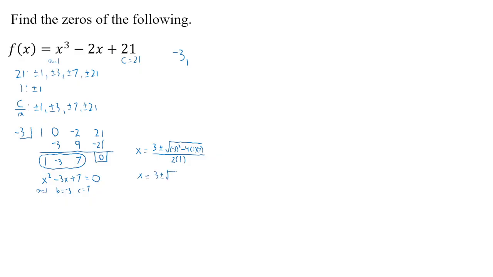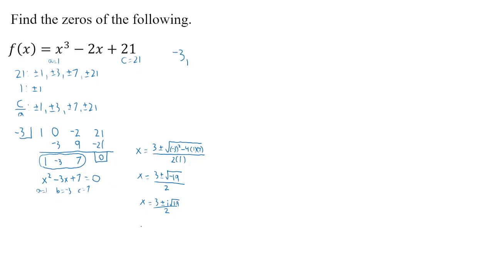We're going to find our discriminant. So we have 3 squared minus 4 times 1 times 7. That gives you -19. 2 times 1 is 2. The square root of -19 is i times the square root of 19, over 2.